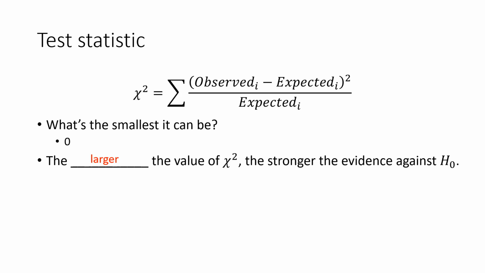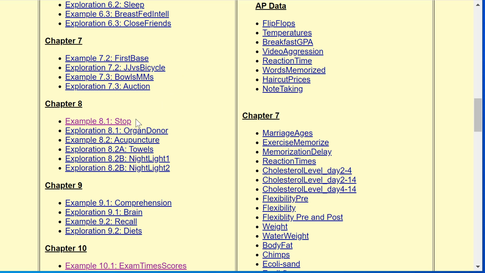This means that in the multiple proportions applet, we're not going to be looking at values of the statistic beyond the value we observed in the data, only values that are greater than or equal to what we observed in the data. The data here are in example 8.1, the stop data.